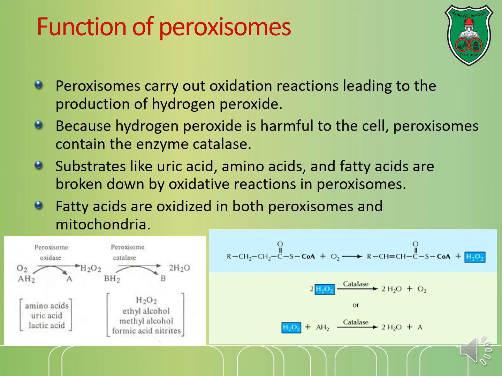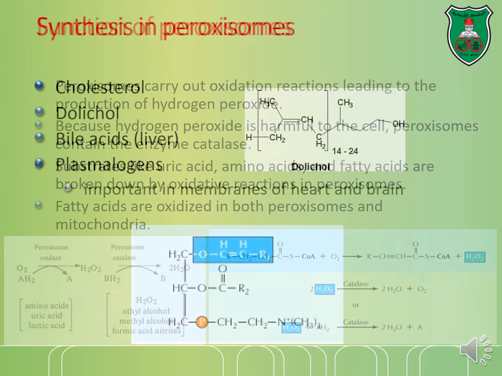There is also degradation of uric acid, amino acids, and fatty acids inside peroxisomes. Note that fatty acids are oxidized in both peroxisomes and mitochondria.